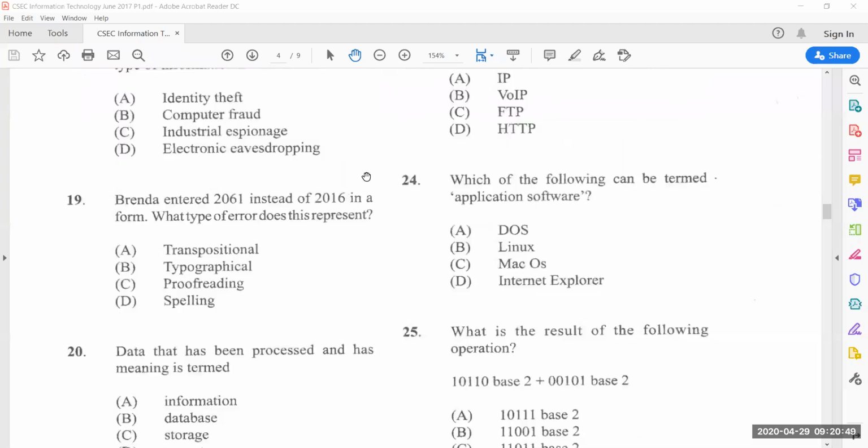Brenda entered 2061 instead of 2016 in a form. What type of error does this represent? Typographical. Right.